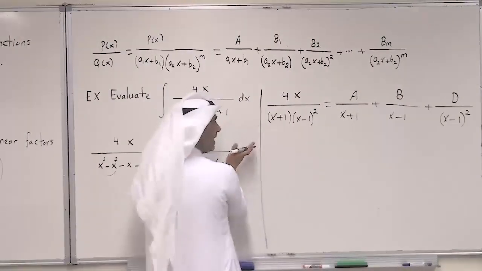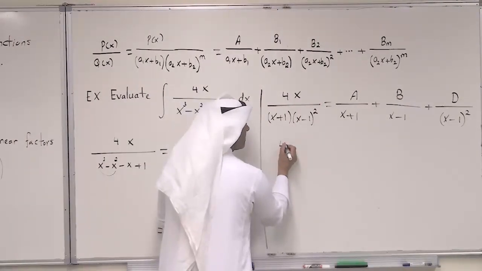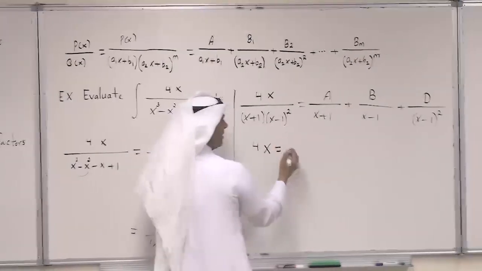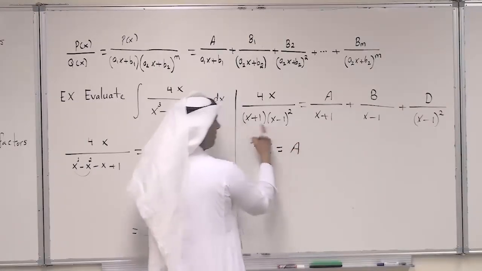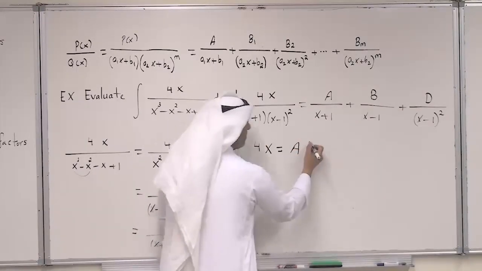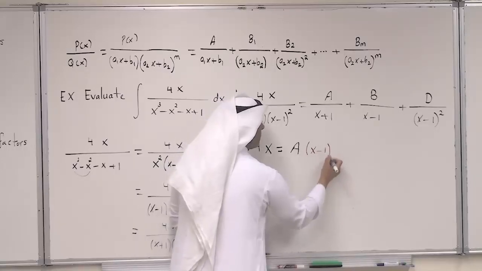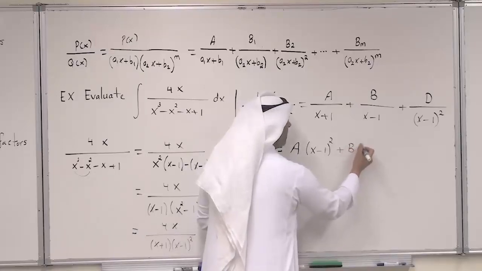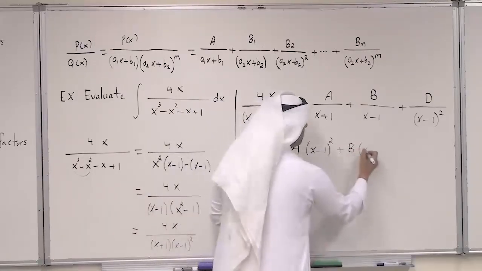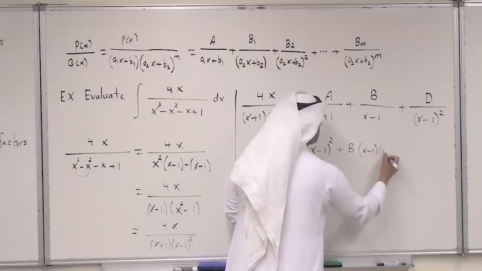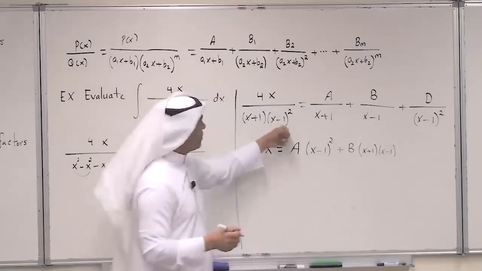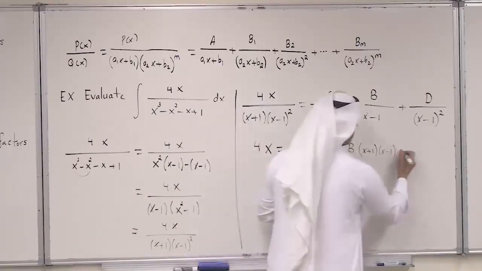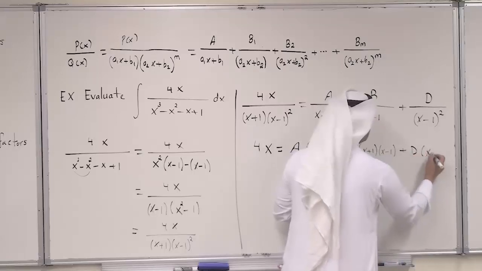We multiply first by the LCD, so what we get is 4x equal to, if you multiply by the LCD, a times, of course x plus 1 will cancel with x plus 1, a times x minus 1 all squared, plus, for the second one, b times x plus 1 multiplied by x minus 1. Why? Because of x minus 1 all squared, one of them will be cancelled out, one of them will survive here. Plus the last one is just d times x plus 1.